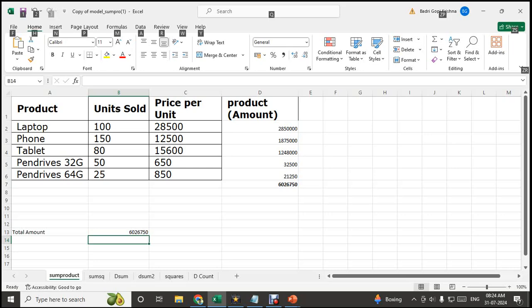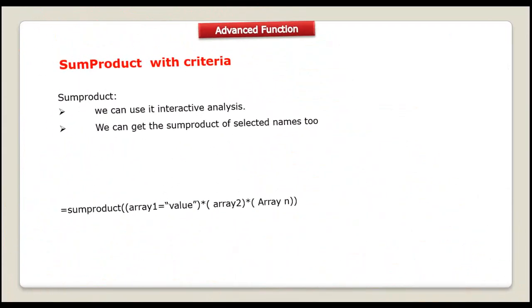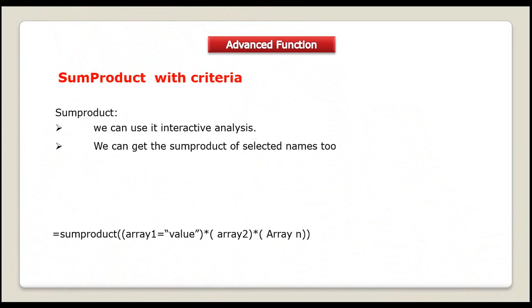Here is another option also provided in the SUMPRODUCT, that is SUMPRODUCT with criteria. We can also use some criteria using MS Excel's SUMPRODUCT. So the SUMPRODUCT also supports criteria. We can use it for getting the total value of a specified product or specified item.